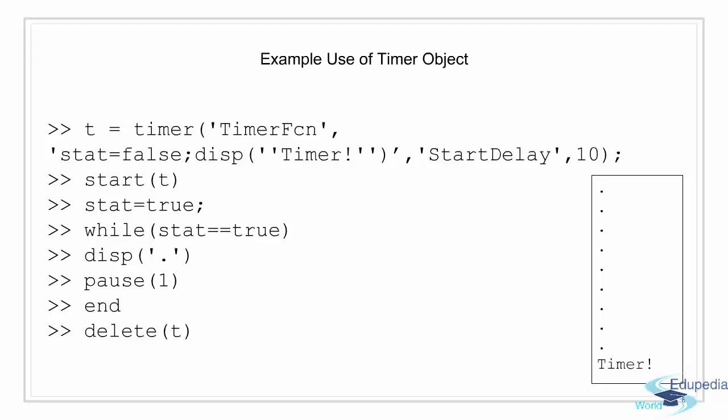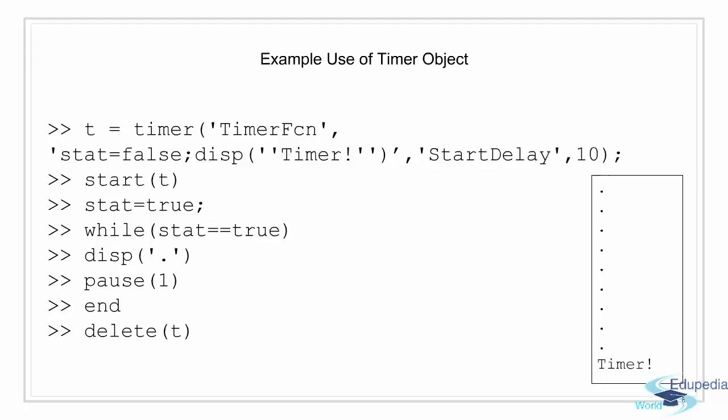Timer function specifies the timer callback function. This is the Matlab command or program file that you want to execute when the timer fires. In the example, the timer callback function sets the value of the Matlab workspace variable status to false and executes the Matlab display command that will show the text timer.